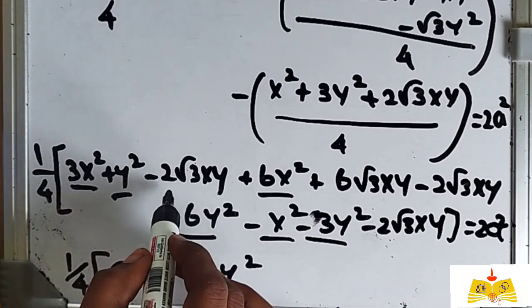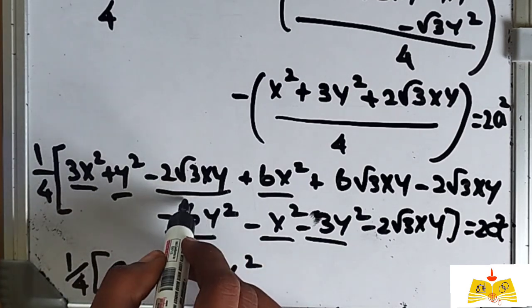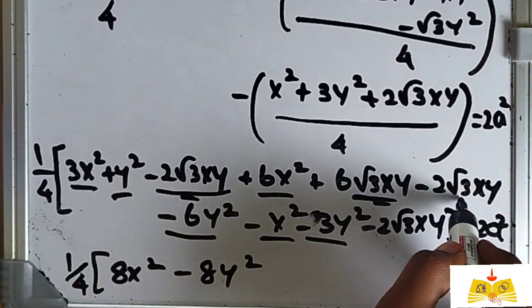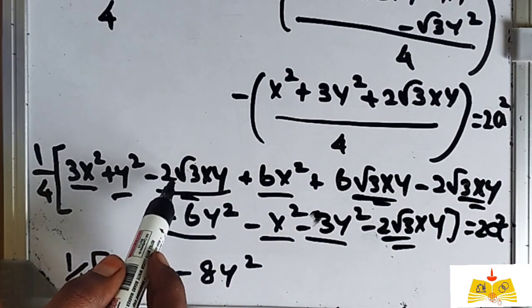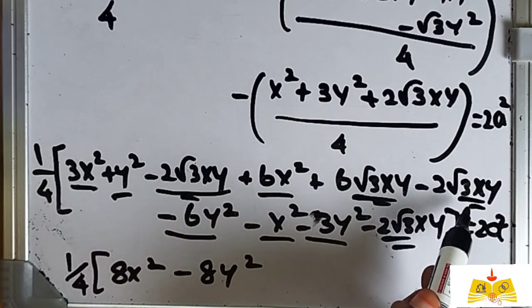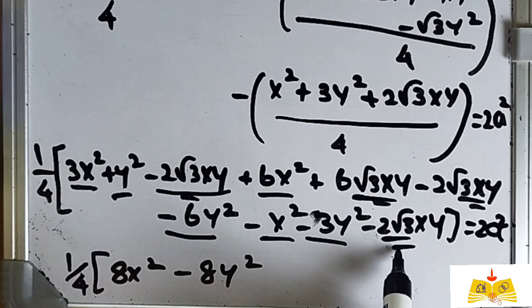Clear. So now we are going to see the xy term. Here minus 2 root 3 xy, here minus 2 root 3 xy, so it becomes minus 4 root 3 xy. Here is also minus 2 root 3 xy, so it becomes totally minus 6 root 3 xy.